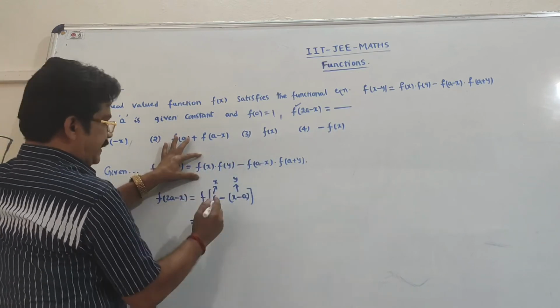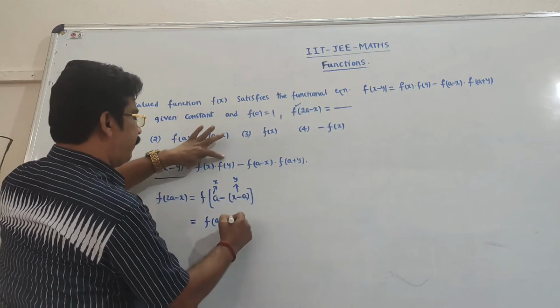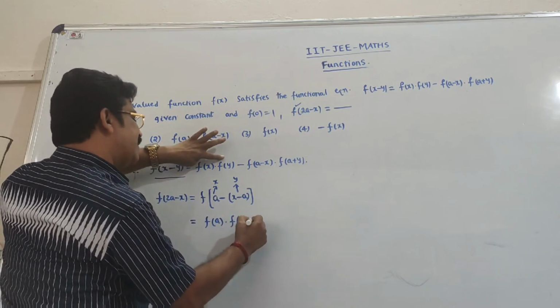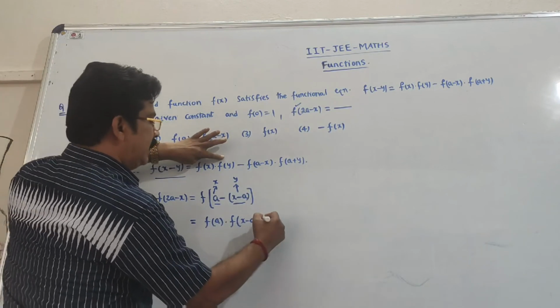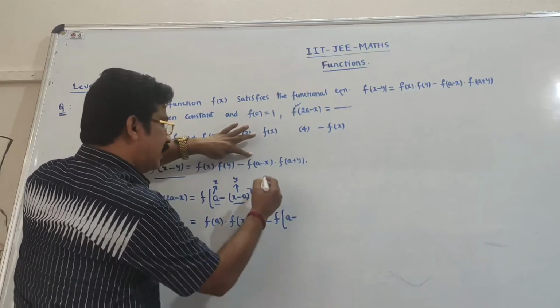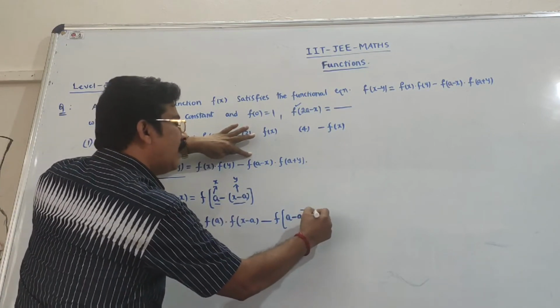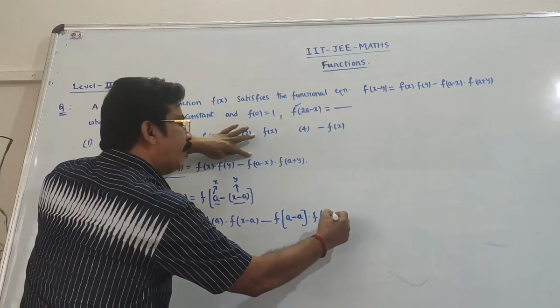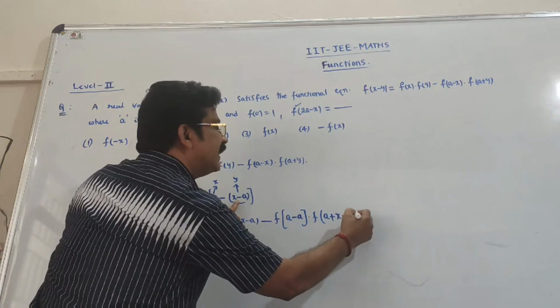So what is its value? f of x means f of a into f of y, f of y means f of x minus a, minus f of a minus x means f of a into f of a plus y, that is x minus a.